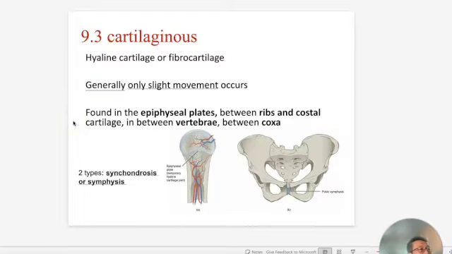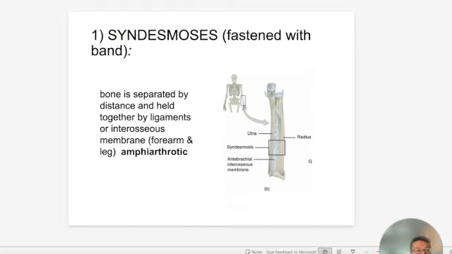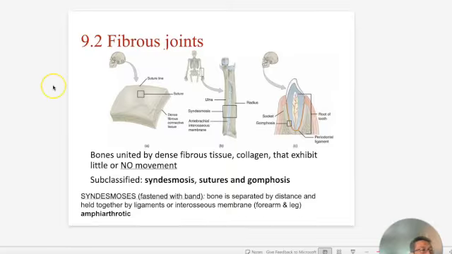Let me see if I can put this all together. Again, the fibrous joints are sutures, syndesmosis, and gomphosis. These are all fibrous joints.